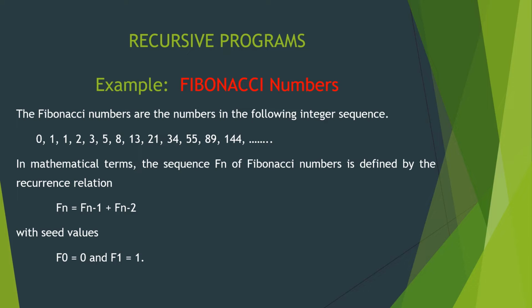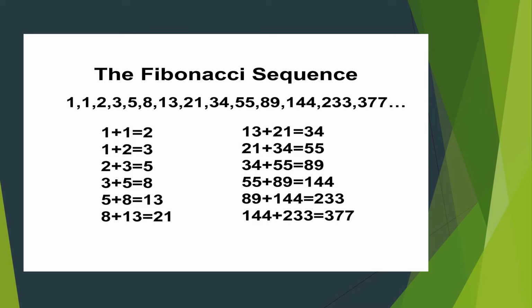In mathematical terms, the sequence fn of Fibonacci numbers is defined by the recurrence relation fn is equal to fn minus 1 plus fn minus 2, with the seed values, meaning initial values, f0 is equal to 0 and f1 is equal to 1.